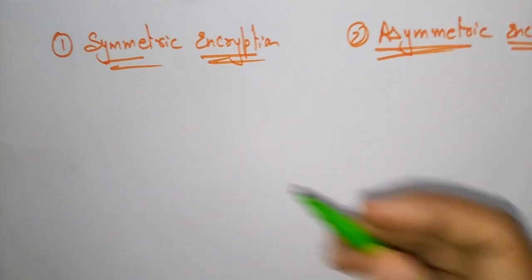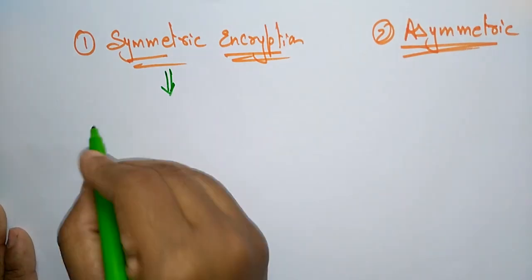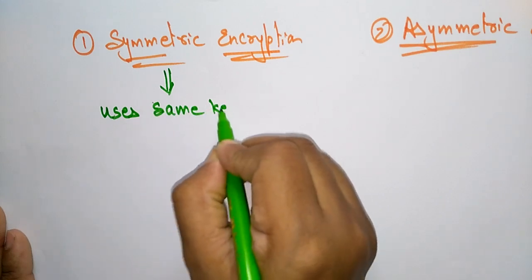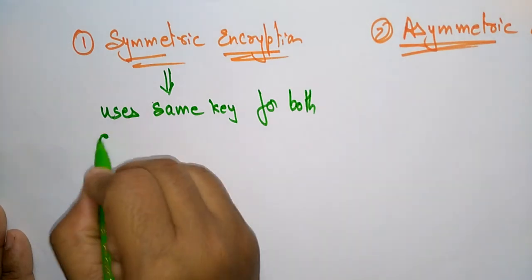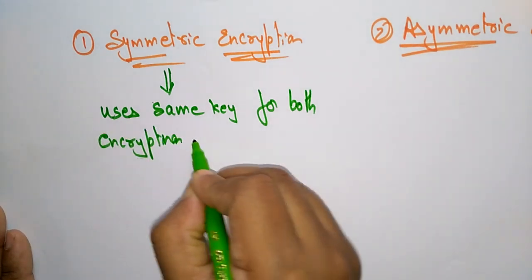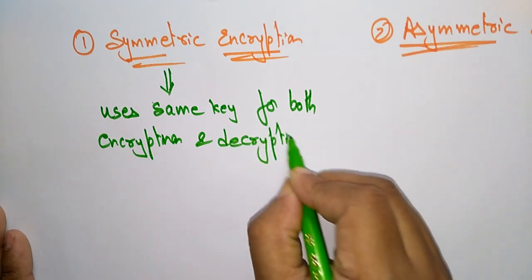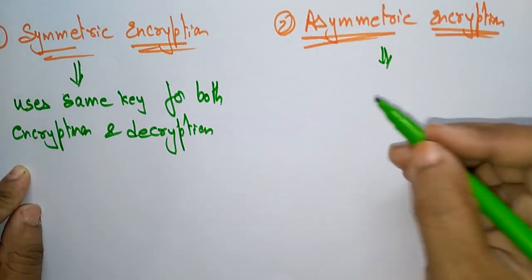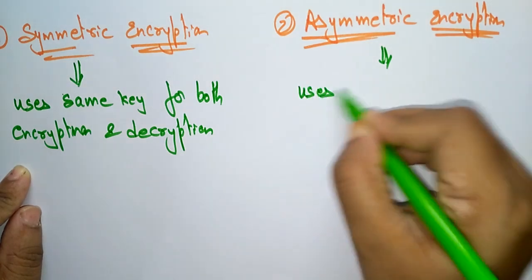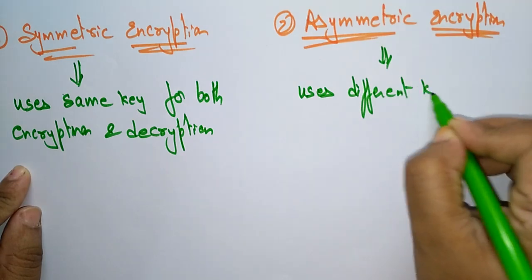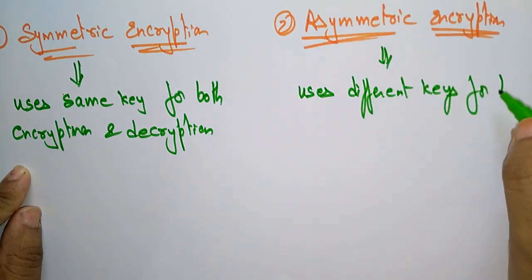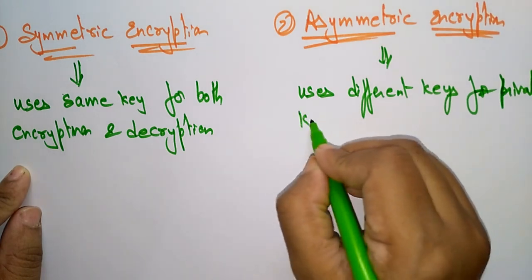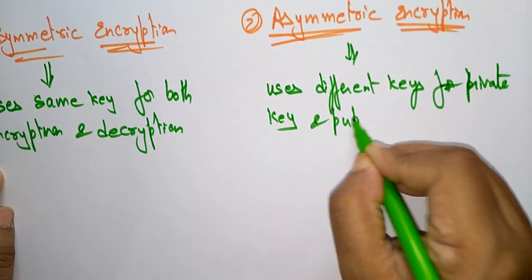So symmetric encryption uses the same key for both encryption and decryption, whereas asymmetric encryption uses different keys, that is a private key and a public key.